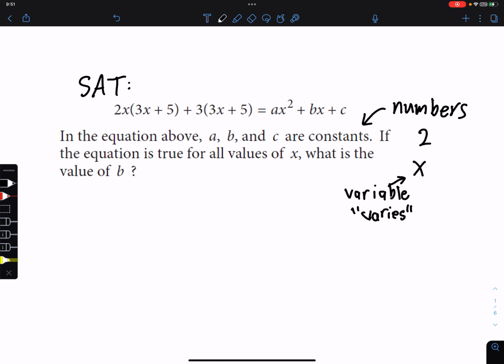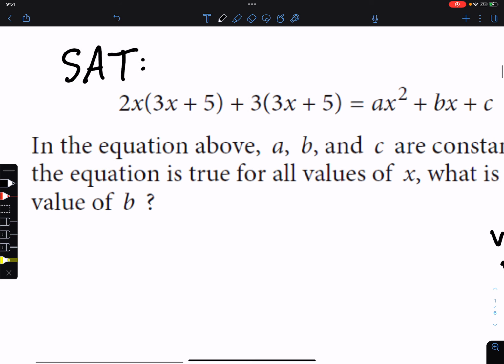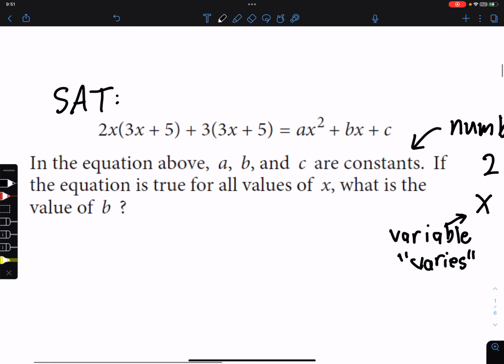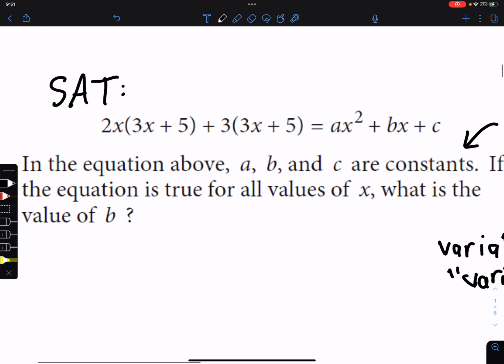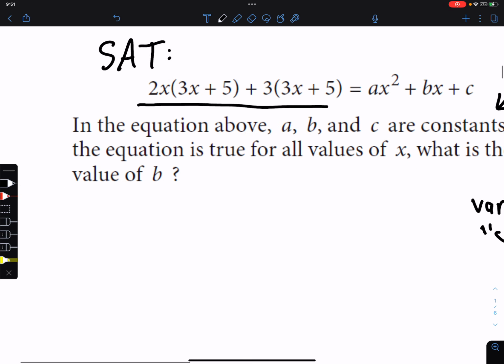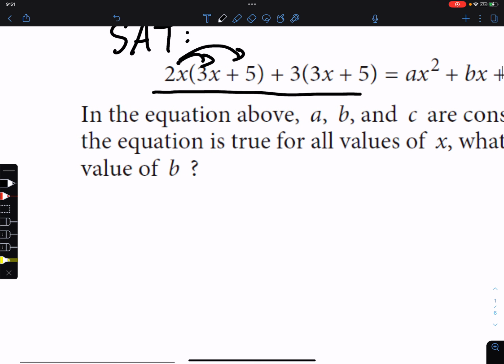Okay, so what we basically do, right, is on the right side, it's as simplified as we can. But on the left side, it's not so simplified. And plus, we want to make this into something where it's just something plus something plus something. Okay? So let's go ahead and distribute. 2x times 3x.